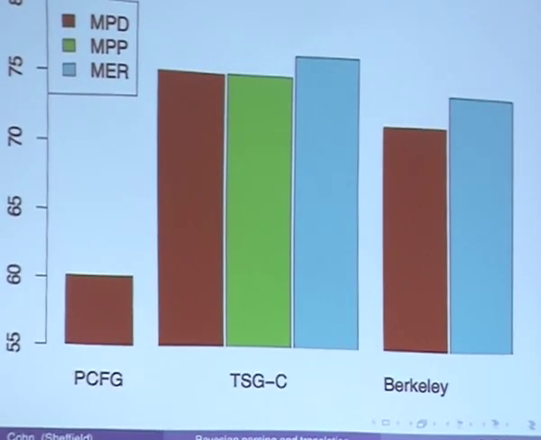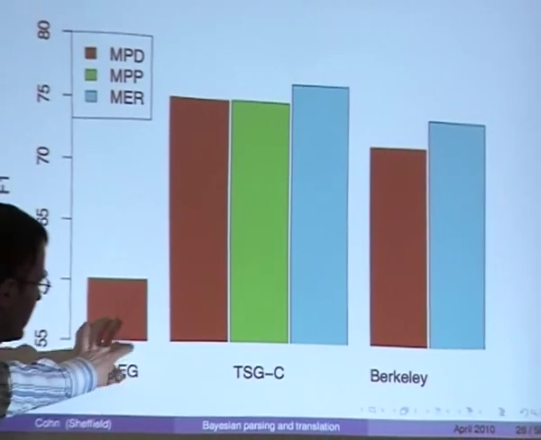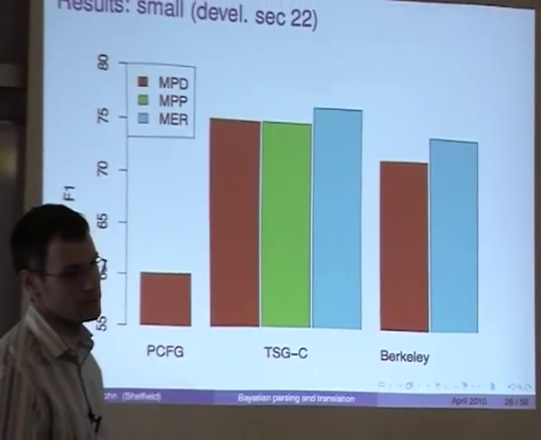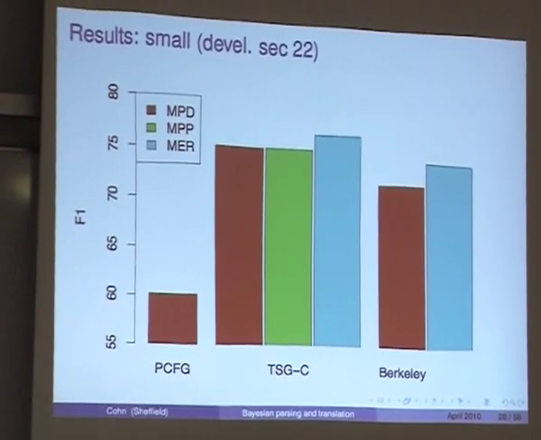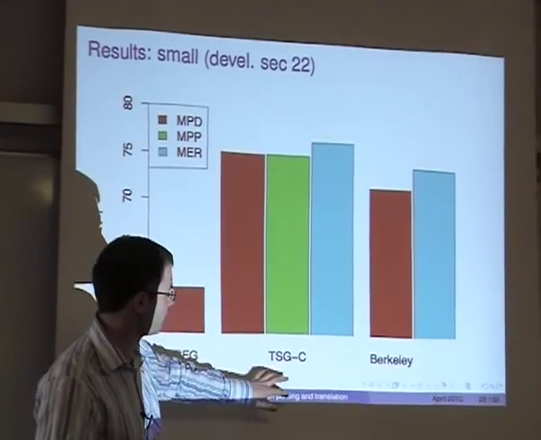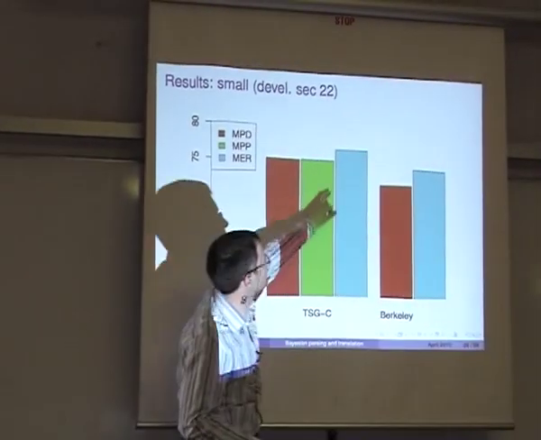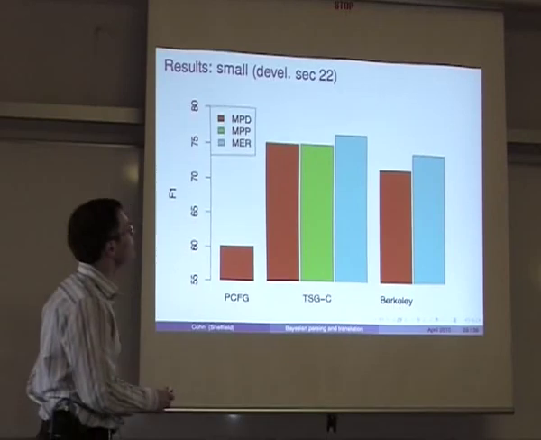Okay, now as for results, if we look at the F1 score, we have our baseline here, PCFG, which is a bit of a straw man baseline, admittedly, it's not very good. It gets around 60, but using our model, we can get to around 75 or so. In fact, I think this one's up to 77, if I remember rightly.